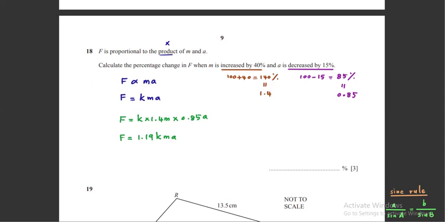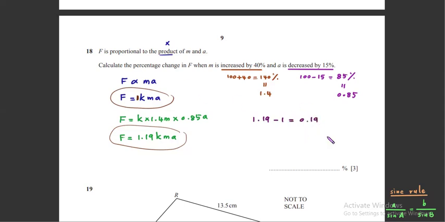This is what I have, which means now I need to find by how much the overall percentage change is. So here, this is the first equation that we had, which is F is equal to k m a. This is the new one. Here the number in front of k m a is 1. Here the number in front of k m a is 1.19. That means from 1, it has become 1.19, so it has increased by 0.19.